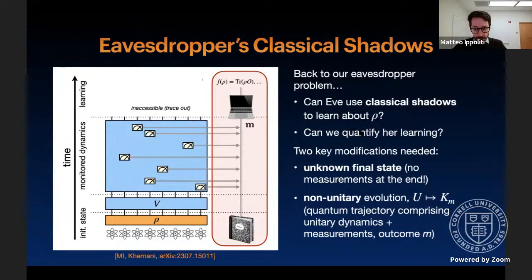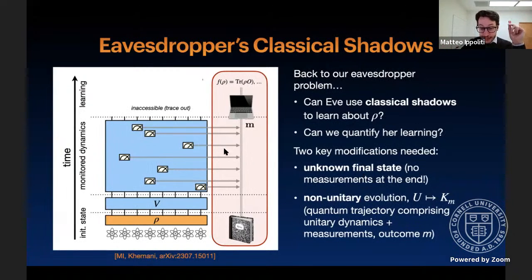But before we can use classical shadows, there are a couple of important modifications that have to be made to accommodate the fact that the setting we had in mind before and the one we have now are different. In particular, before we had the ability to make a complete measurement at the end. So this bit string B was a complete measurement of the final state, which we now don't have. So we'll have to replace that with something else that doesn't require any knowledge.